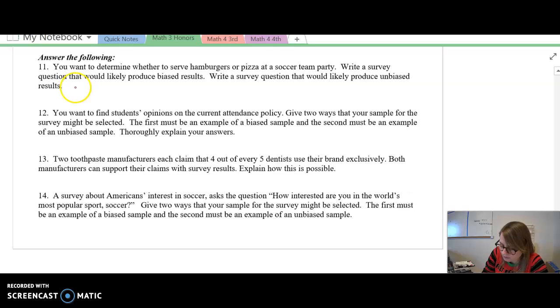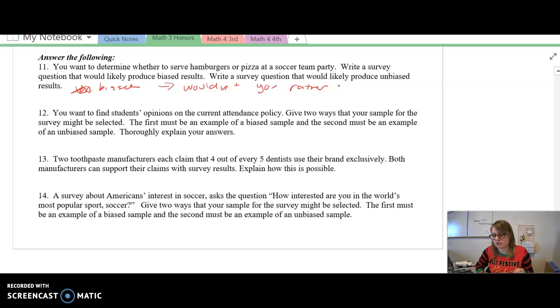Whenever we have biased questions, it's usually starting off with "wouldn't you rather." Compared to a non-biased question, it would be, would you rather have pizza or hamburgers? Okay, so be very careful about the wording that we use for these.